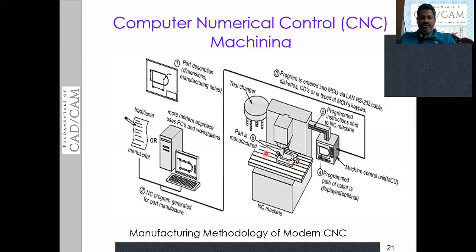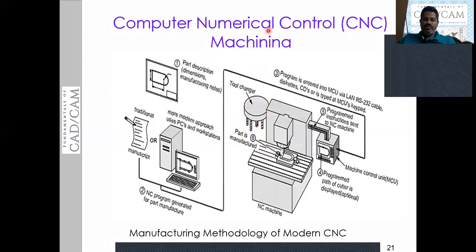You can observe here, this is the NC machine, and it consists of all the drives to receive the signal, convert it into machine readable form, and convert the signals into mechanical work. Everything happens here, and finally we get the finished component at this location. You also have a tool changer here.